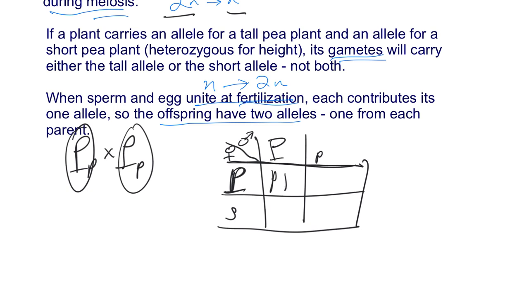So you'd have big P, big P, big P, little p, big P, little p, and then little p, little p. So it crosses the phenotypic ratios. Okay, this would be the F1 cross. This would be the F2 generation.